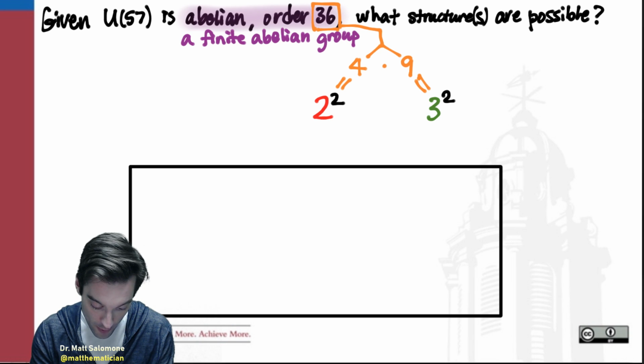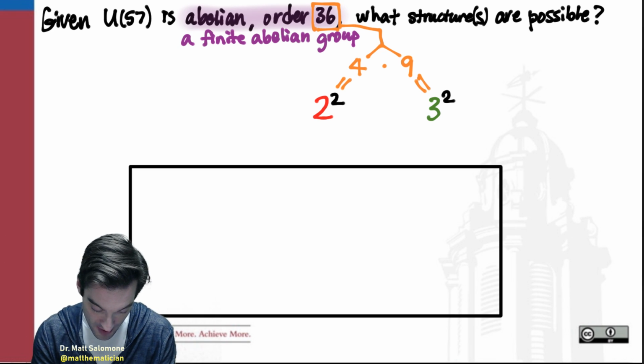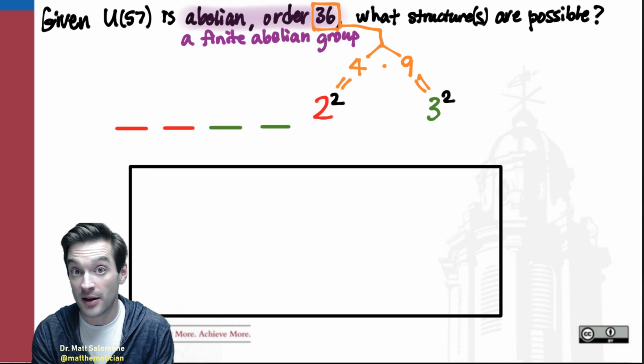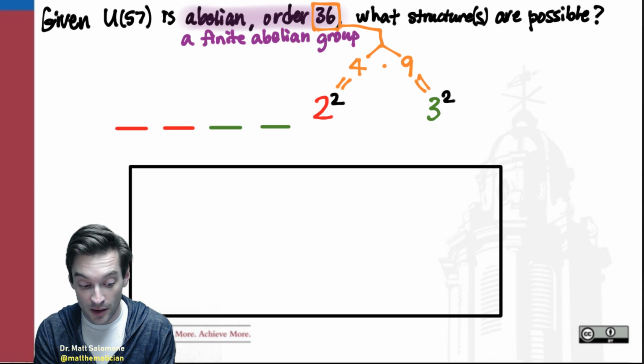And so we want to figure out what are the different ways in which I could do that. So let's get my chips on the table. So 2 red chips and 2 green chips is what I have to work with. Each of those red chips is going to represent an order 2 factor. Each of those green chips is going to represent an order 3 factor.